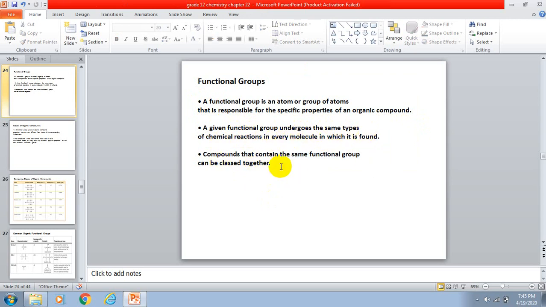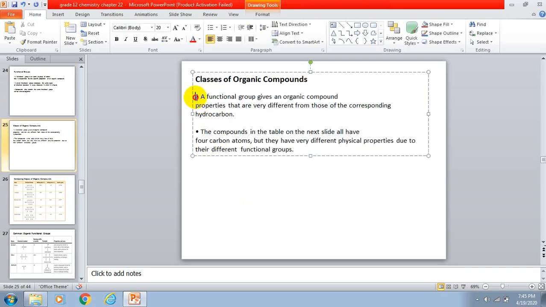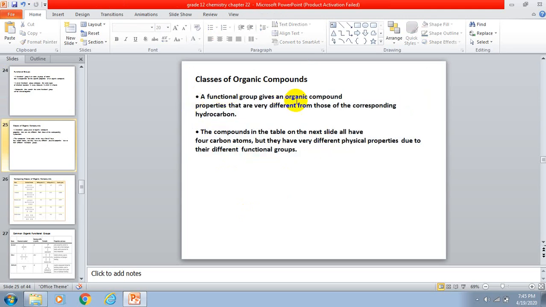Compounds that contain the same functional groups can be classed together. Classes of organic compounds. A functional group gives an organic compound properties that are very different from those of the corresponding hydrocarbons.